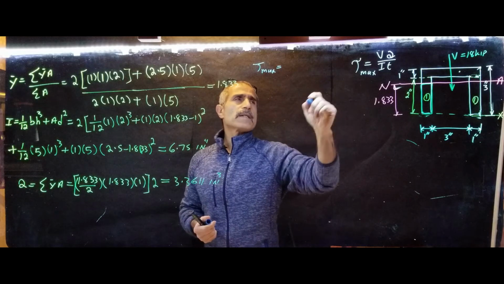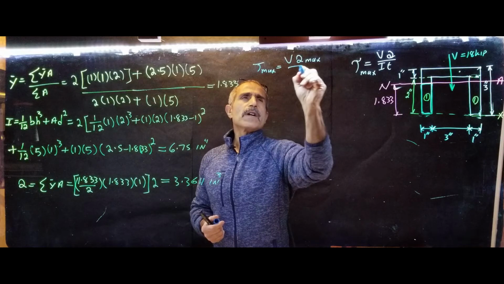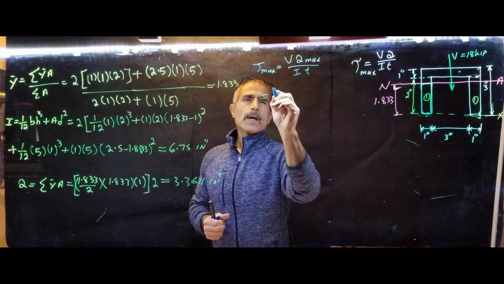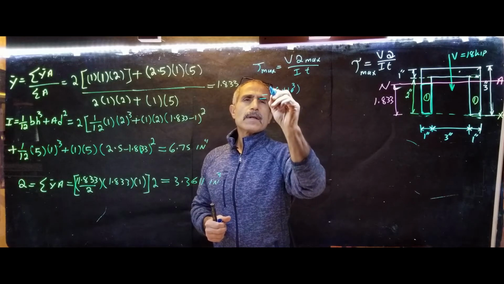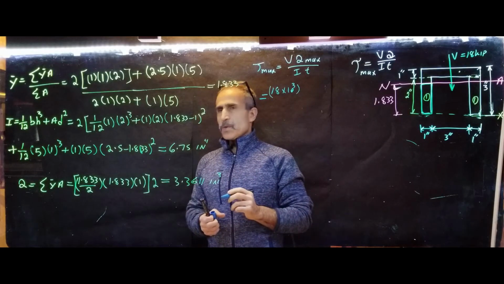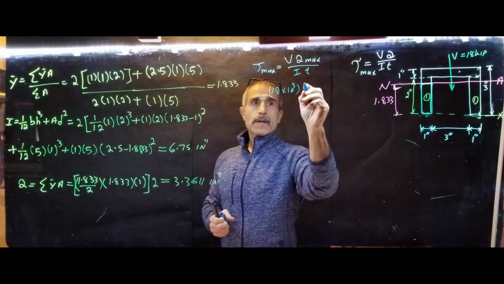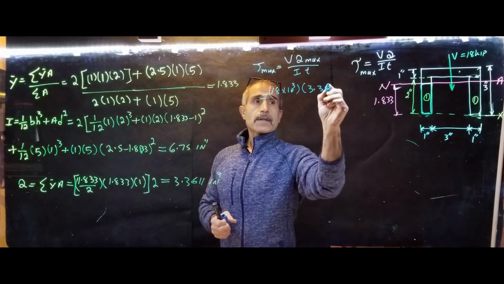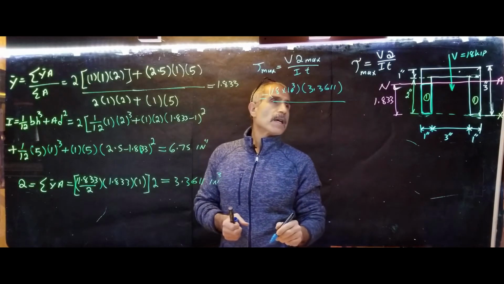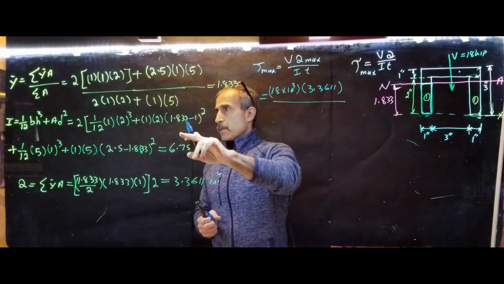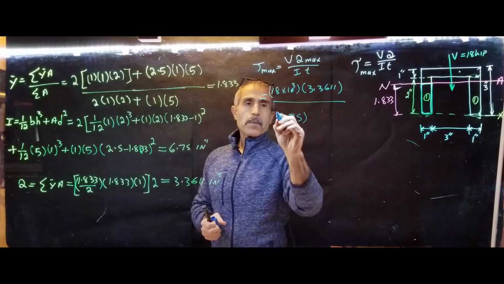The shear max is V Q max divided by I times thickness. V is 18 kips, and Q was 3.3611, divided by I, which was 675, multiplied by the thickness.